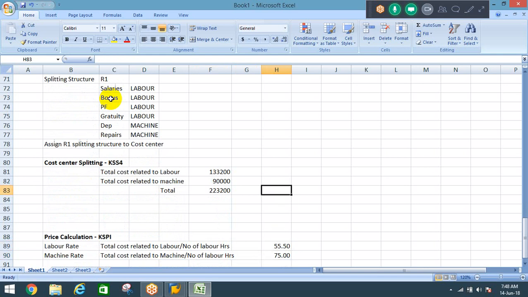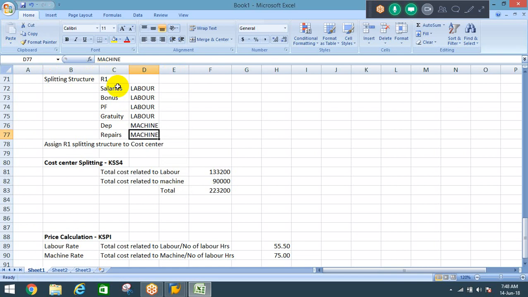This splitting structure is a one-time activity, but what is the issue here? We need to change it; that is one issue.